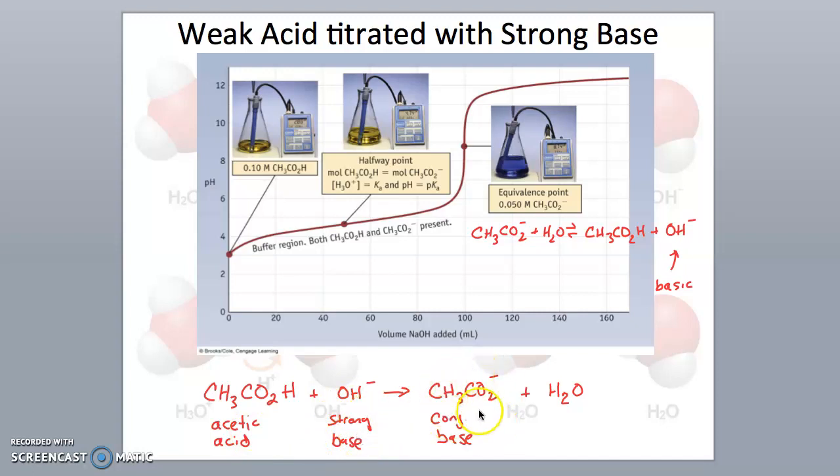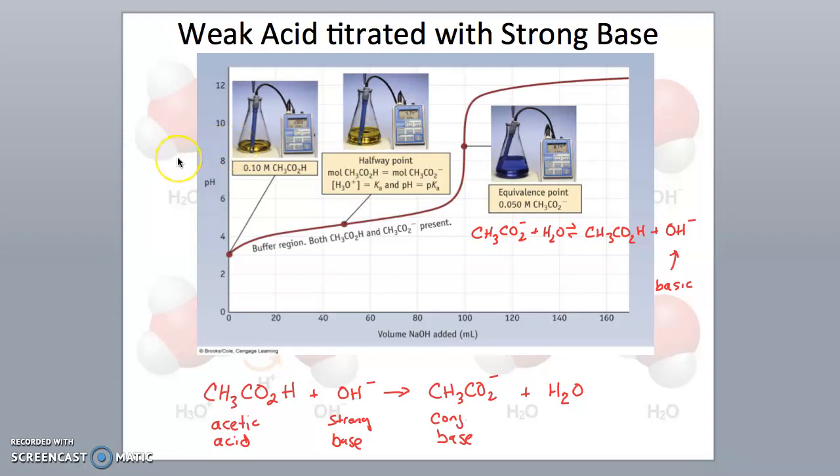Well, we've produced this conjugate base. So if I take that conjugate base in water and write this reaction out, you'll see that we produce hydroxide ion, which is basic. So at the equivalence point, we'll have the presence of this conjugate base, which is slightly basic, which moves that equivalence point pH up greater than 7.